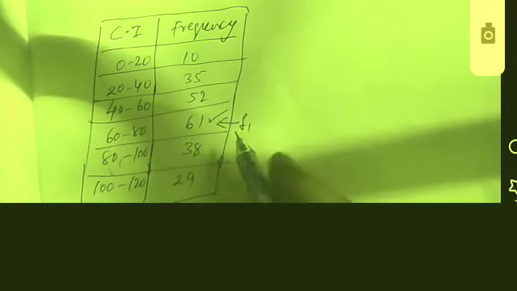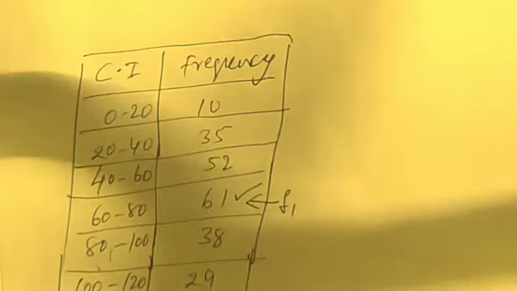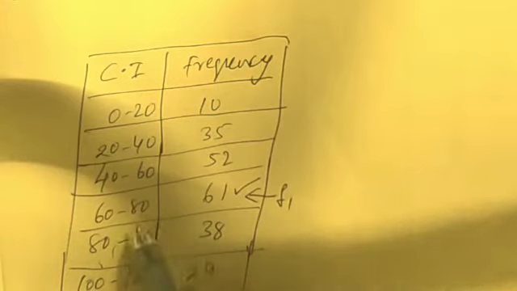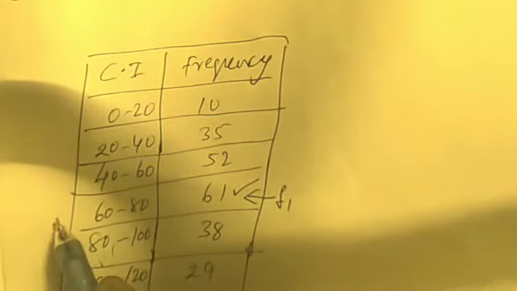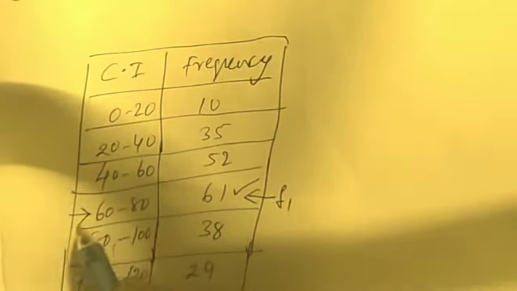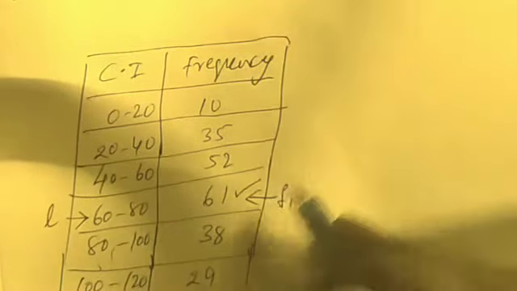The maximum frequency is 61. It is taken as F1. So that is the model class. The lower boundary of the model class is taken as L, that is 60.